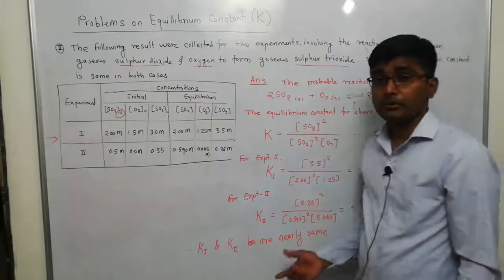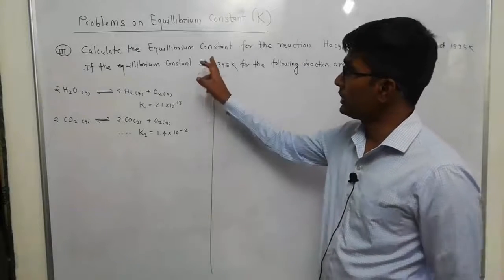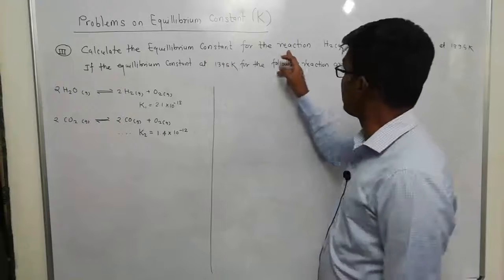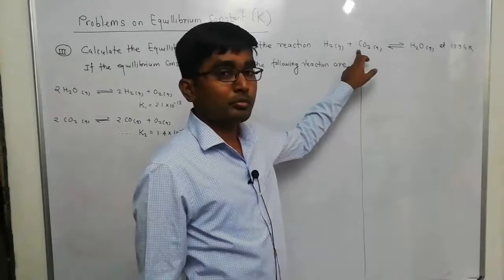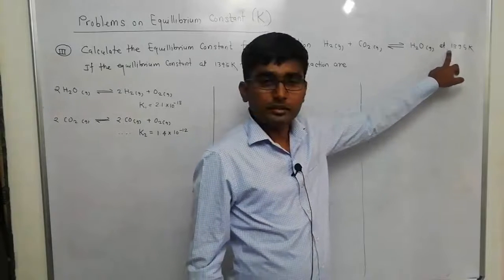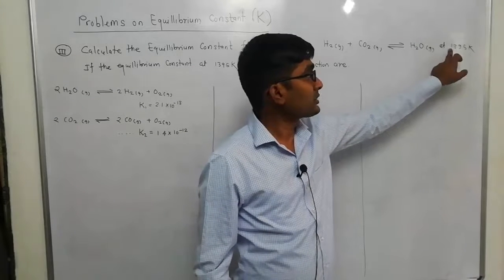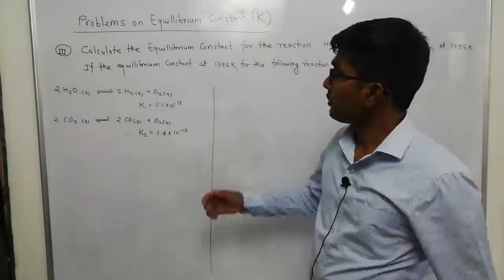Let us discuss problem number 3. The third problem is to calculate the equilibrium constant for the reaction between hydrogen and carbon dioxide to produce water at 1395 Kelvin, from the following data.